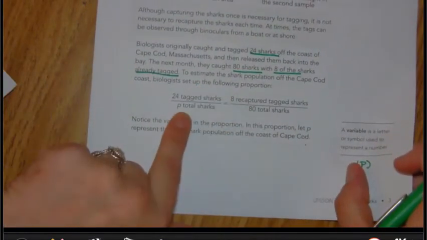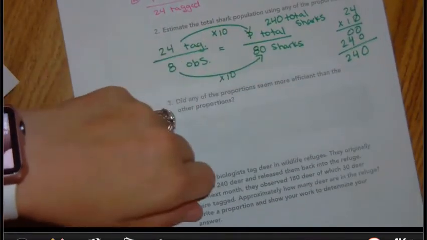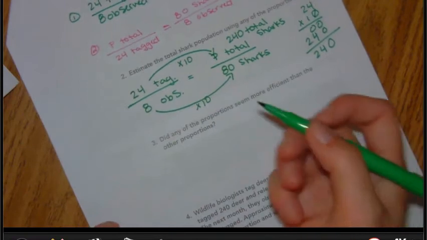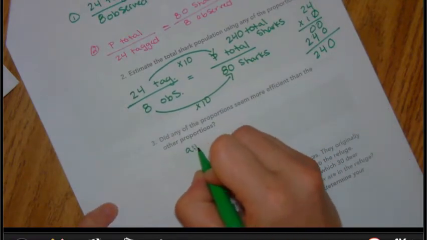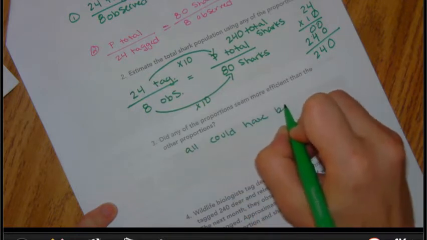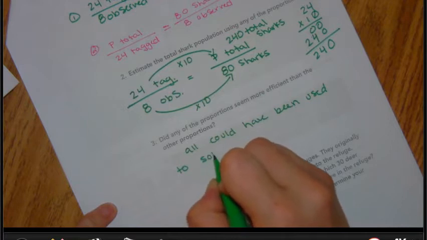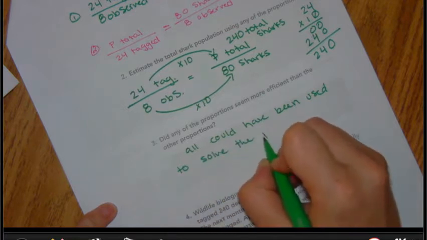We could have used this one, which is the same thing, except that our sharks and 8 are on top versus here, where our sharks and 8 are on bottom. There are all different ways, so all could have been used to solve the problem.